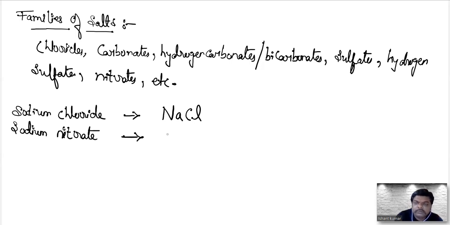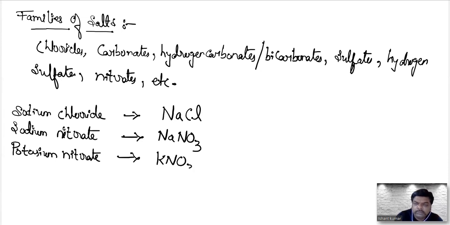Then its chemical formula becomes NaNO3. Potassium nitrate is there, KNO3. Potassium sulfate is there.